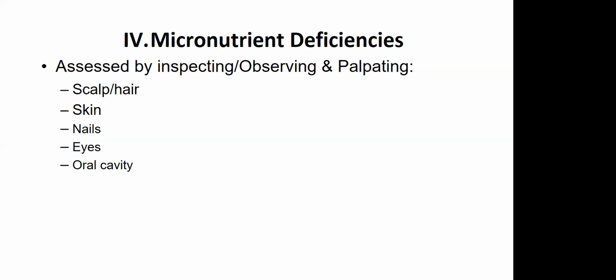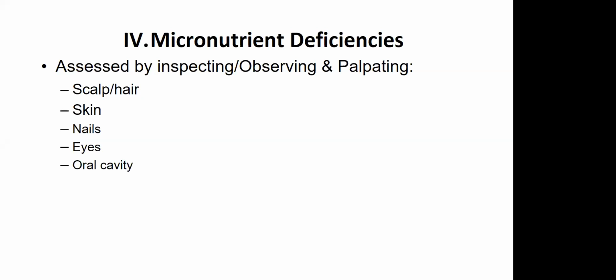Moving on to the skin, whenever you're looking at the skin, it should be cool to touch, uniform in color, and symmetrical. Then you'd also want to look at what the color change in the skin is. Are there any changes in the texture of the skin? You want to elicit temperature. Is the patient having a fever that you can pick up on touching the patient?